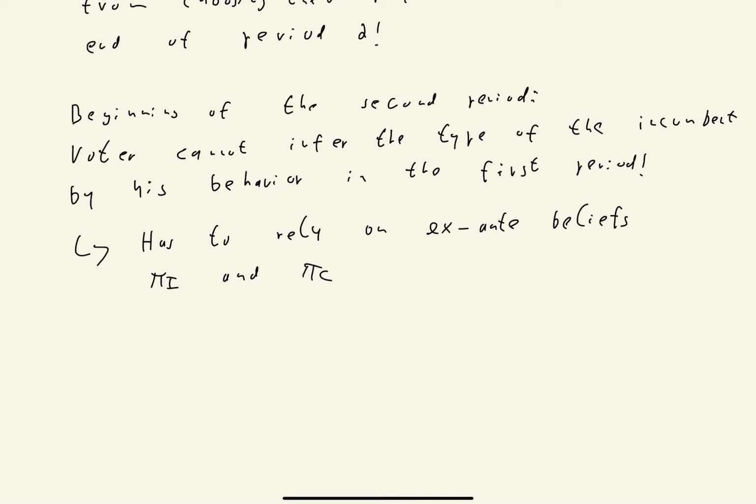Now, what we wanted to derive is that we wanted to construct an equilibrium where the incumbent is choosing his preferred policy in the first period.